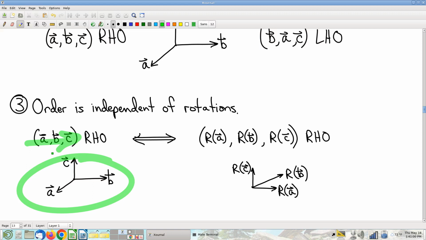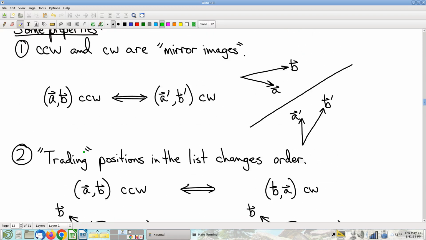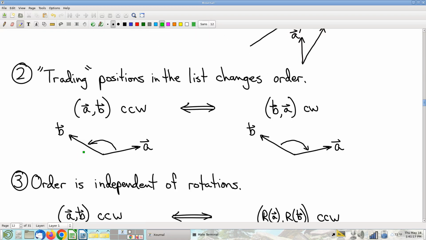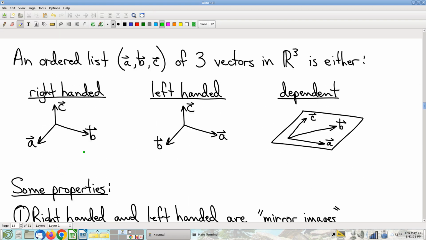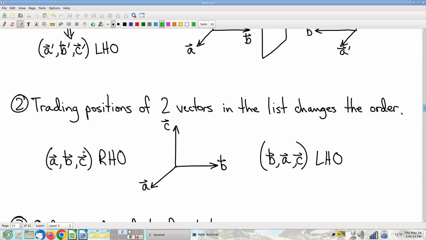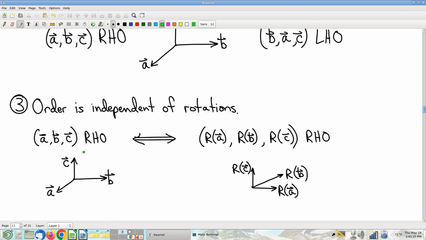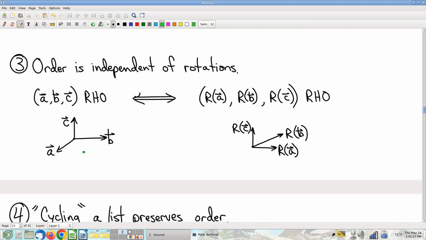Whatever you do, if you have a right-hand order, however you might rotate, it's still a right-hand order. Does that make sense? So notice we've got here the exact same 3 properties that we did for clockwise, counterclockwise: mirror images, trading changes the order, independent of rotations.